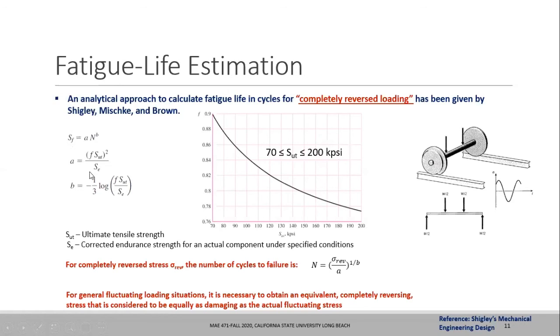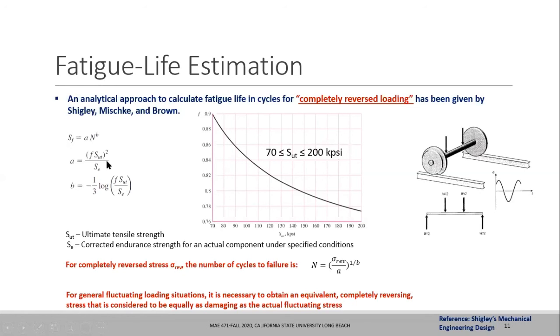A and B are functions of the material properties and F. As somebody was asking, what is F? F is a strength fraction, and you can get the relationship of F as a function of the ultimate tensile strength from different tables in the literature. So depending on the material property, if a specific material has an ultimate tensile strength of 100 kpsi, then corresponding to that, F will be 0.84, as you can see from this chart.